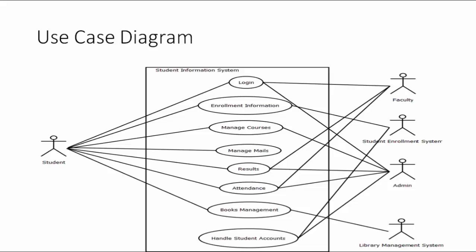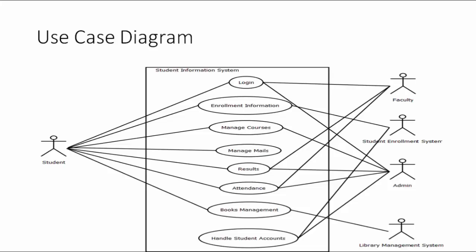Student enrollment system is a system which is gathering the enrollment information of student, and then it will provide us the enrollment information. So we will get those enrollment information and will provide a view of enrollment information to student.